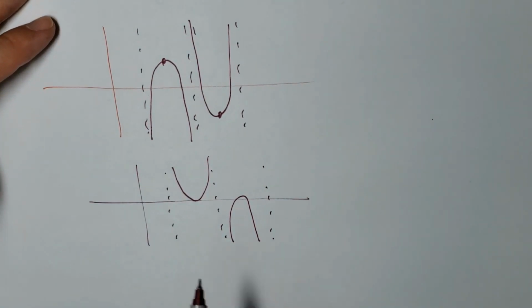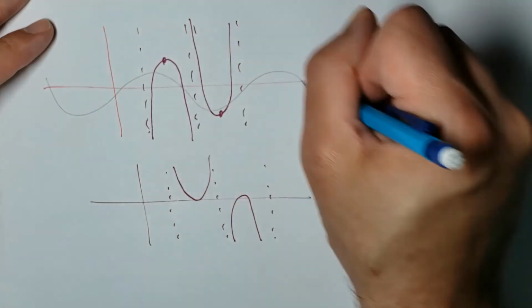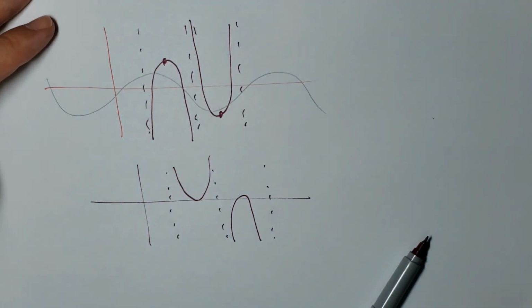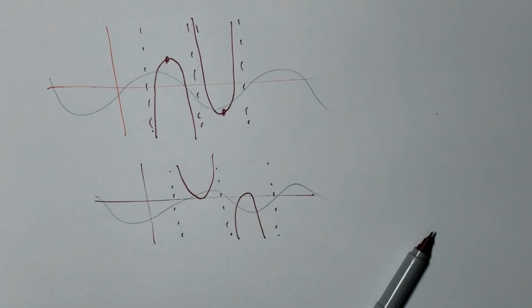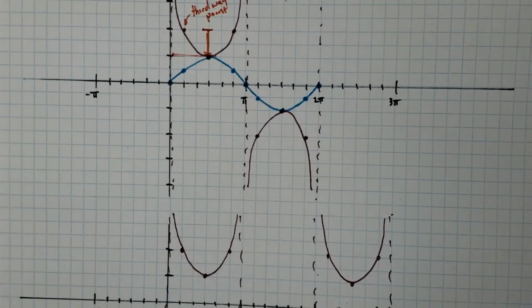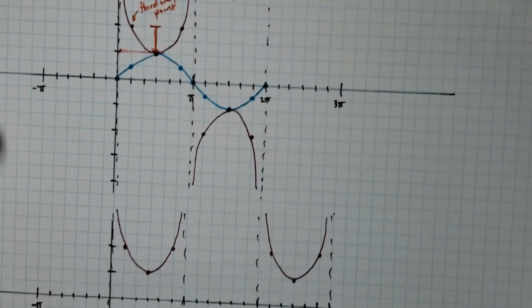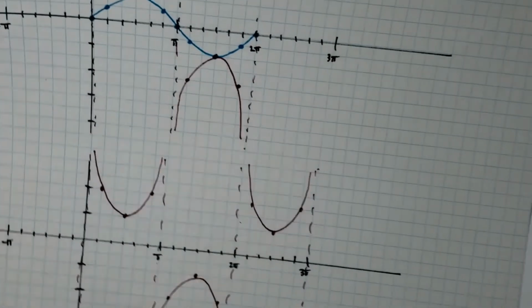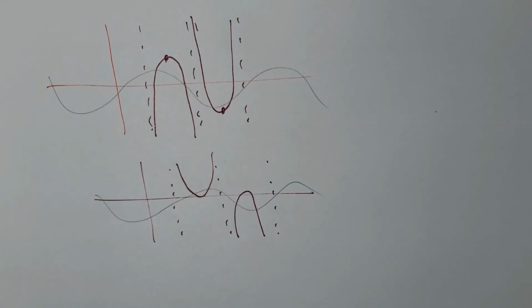What you have to remember is that wherever you draw this, you should be able to picture a sine wave in the middle of it. You should leave room for the sine wave. So if we go back to our original graph here, you can see sine is in between. There's like a gap in the middle of the function where the sine function would be. Okay, so make sure that when you think about graphing cosecant, you have that gap there. All right, guys.